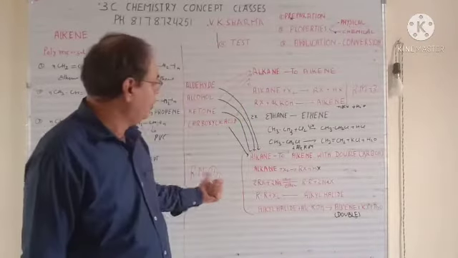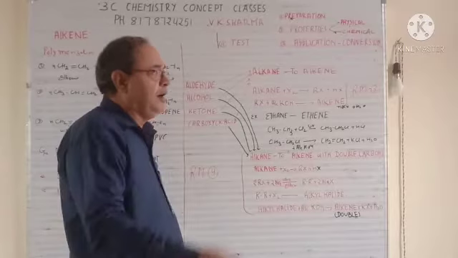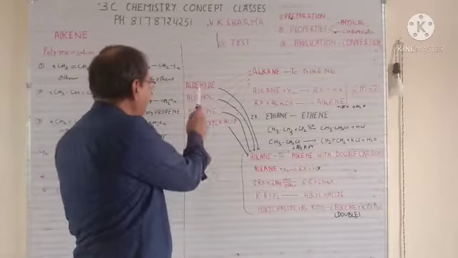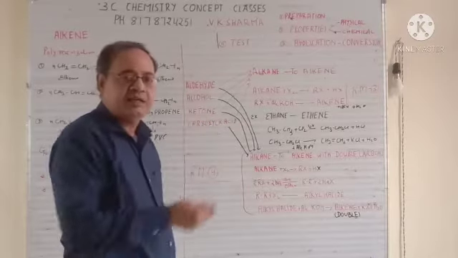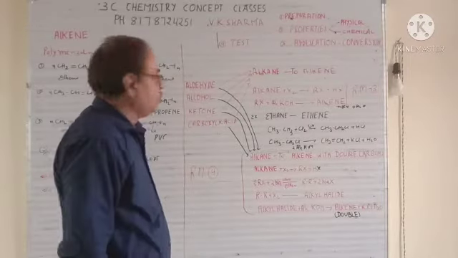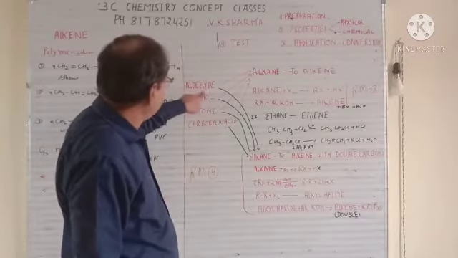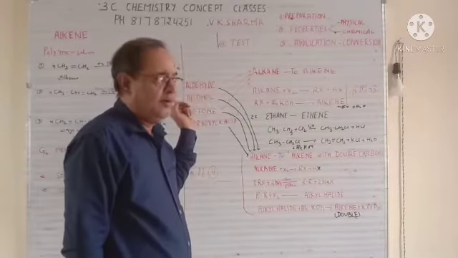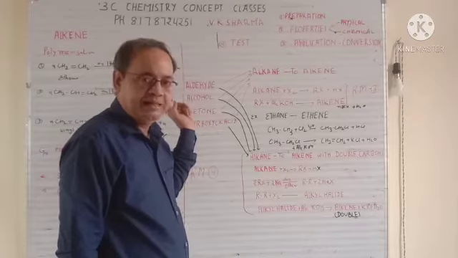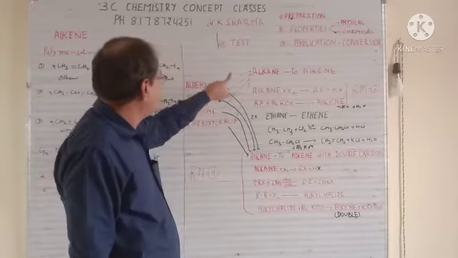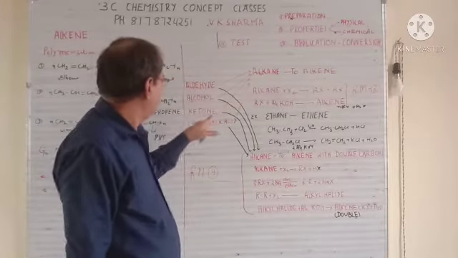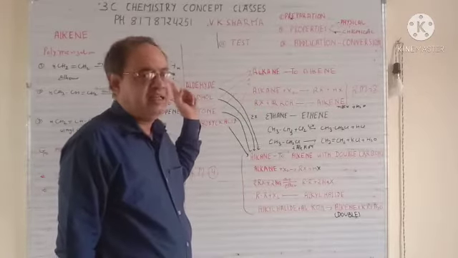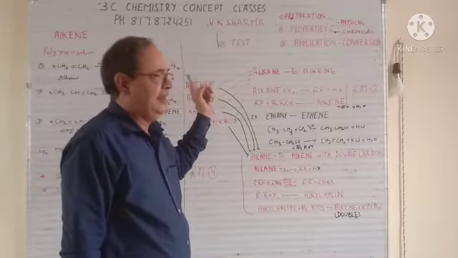So that is roadmap number 4. Now, something more advanced. Suppose you want to convert any aldehyde, alcohol, ketone, or carboxylic acid into alkene. First you convert the aldehyde into alkane. I have taught you this in the previous topic on alkane. Aldehyde is converted into alkane, alcohol into alkane, ketone into alkane, carboxylic acid into alkane, using HI and red phosphorus.